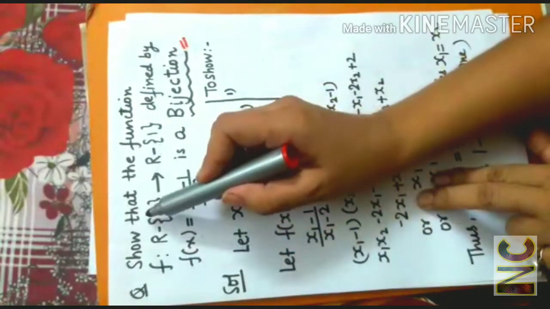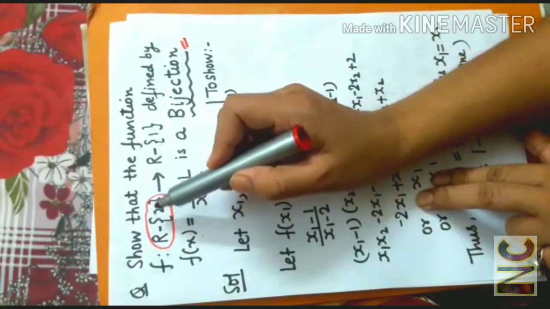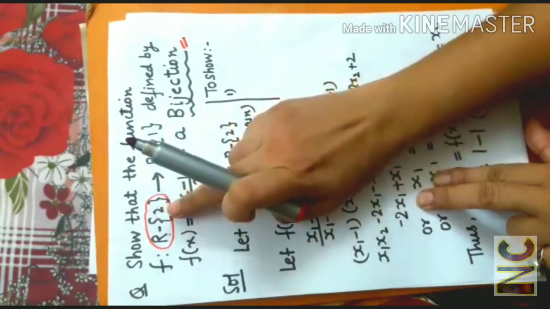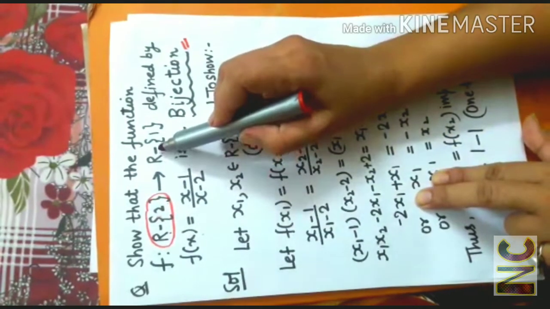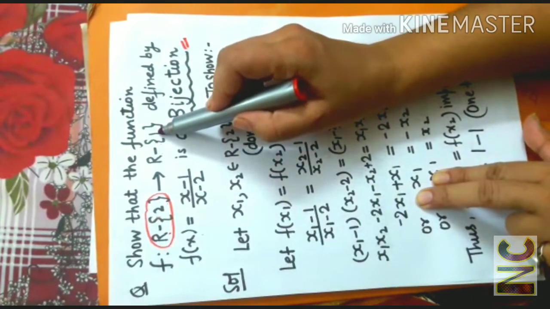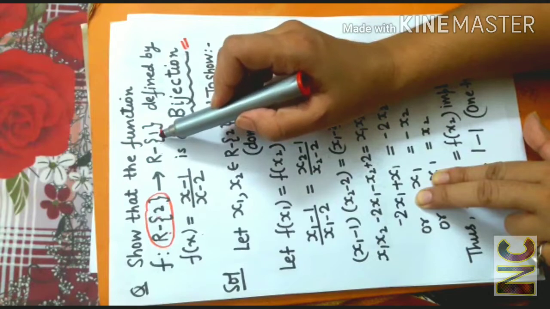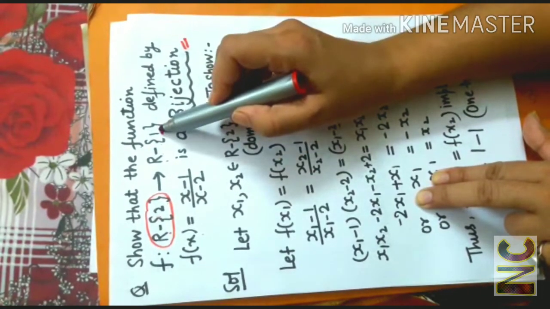Now here the domain of the function is this, and it means that the domain consists of all real numbers except 2. Codomain is R minus this set which contains the element 1. That means the codomain is the set consisting of all real numbers except 1.